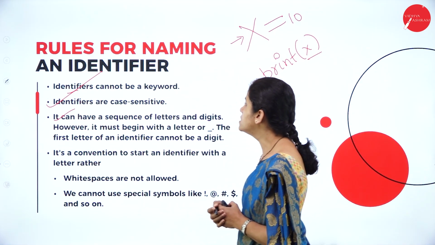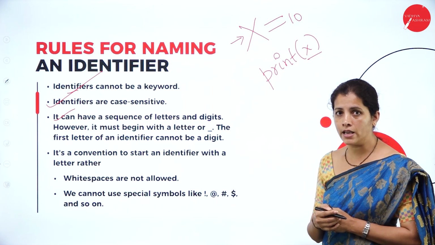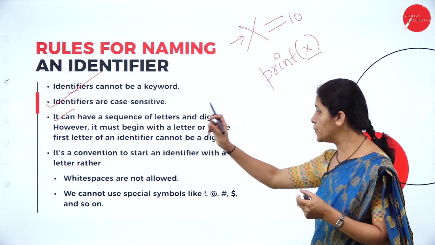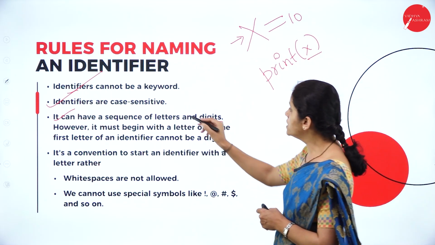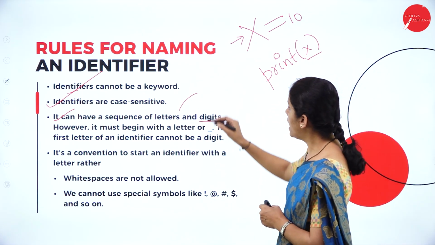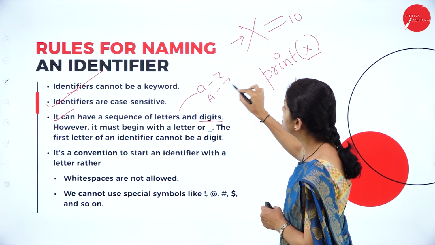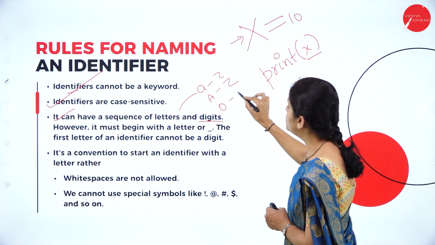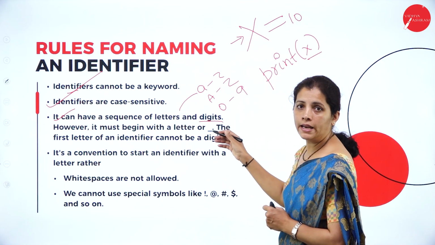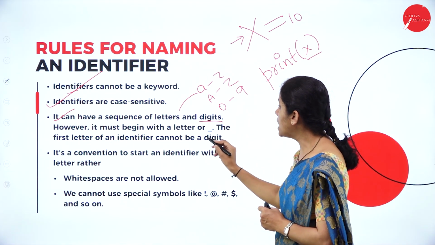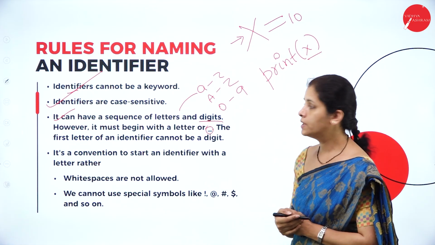It can have a sequence of letters. In the sense, while defining an identifier, I can use a sequence of letters and digits. Sequence of letters in the sense what? I can have small letters a to z, capital letters A to Z, and 0 to 9. And while defining an identifier, I can start with a letter or an underscore.